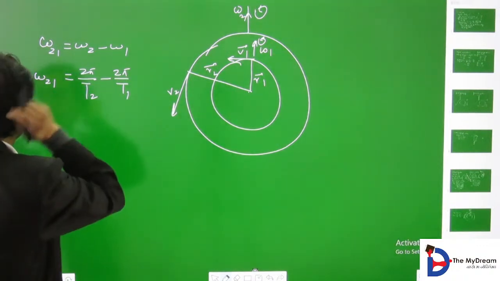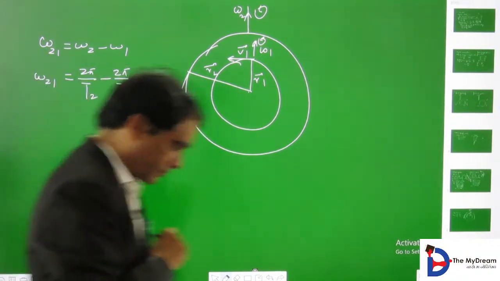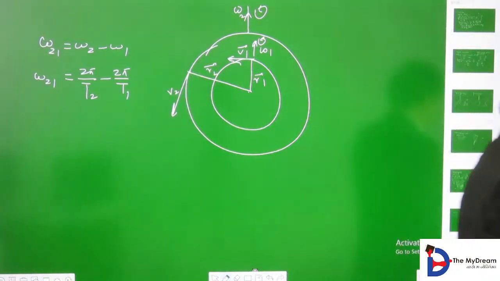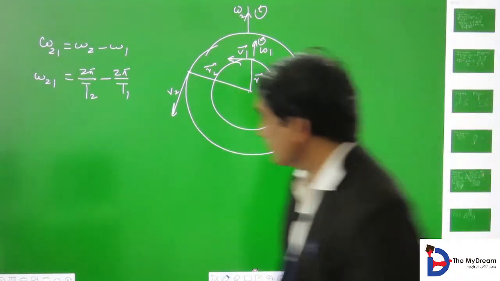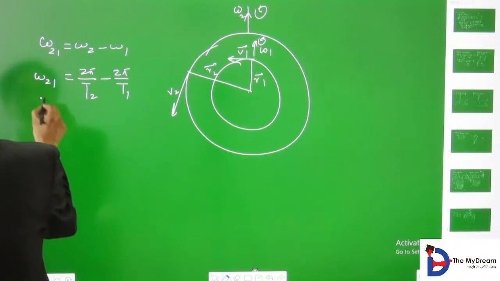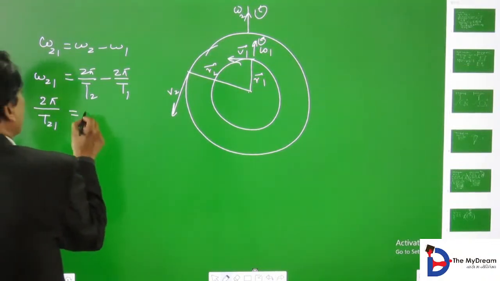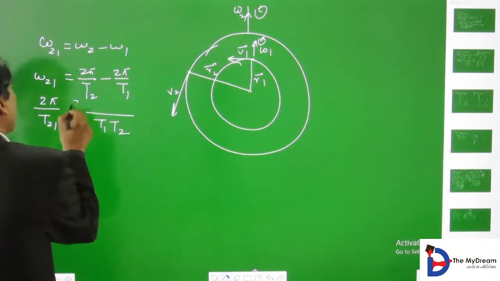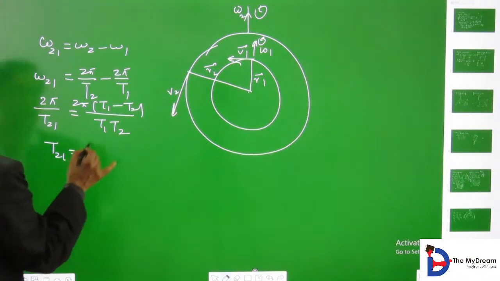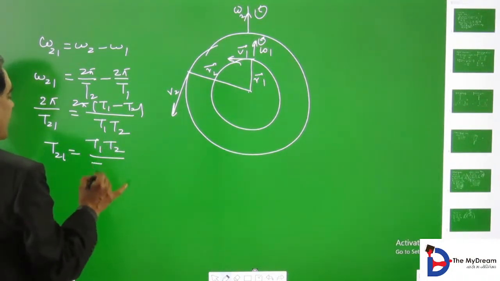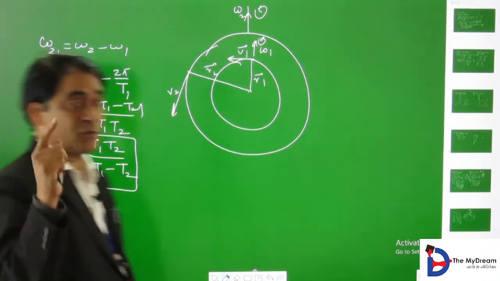So now you want to know the change in velocity, निकाल लिया, लिख लो, that is 2 pi by t2 minus 2 pi by t1, that is 2 pi t1 minus t2 divided by t1 t2.